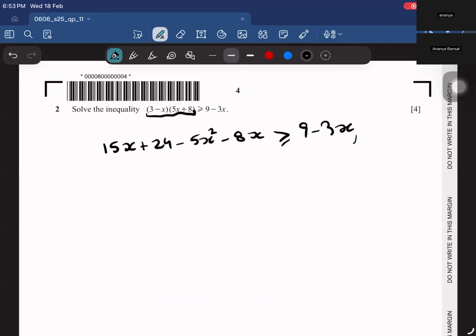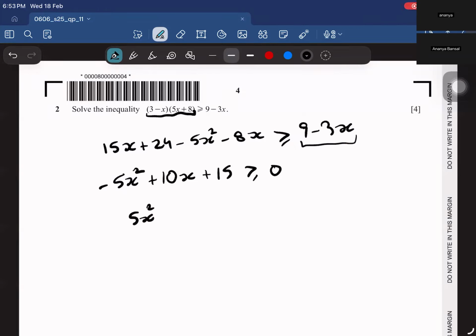I'll bring everything on the right-hand side over to the left-hand side to get minus 5x squared plus 10x plus 24 minus 9, which is 15, is greater than or equal to 0.